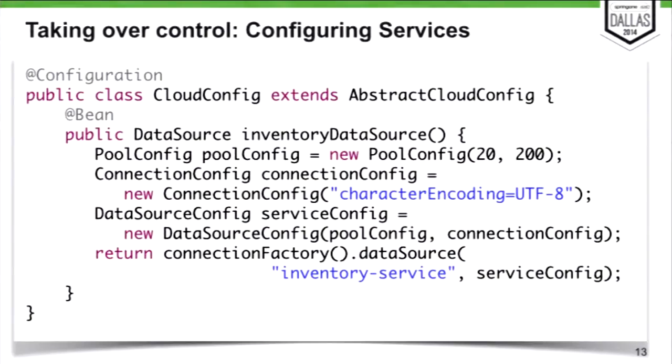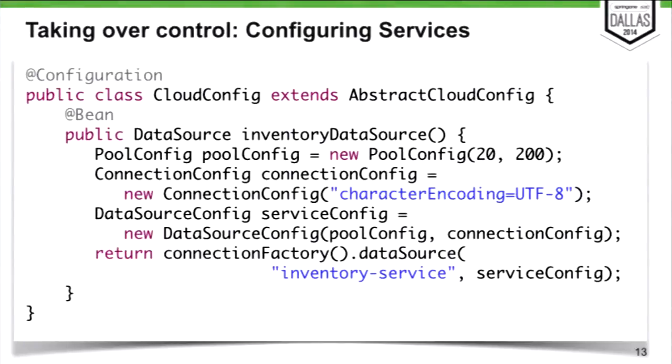All right, this is what we are really leading up to. So if you are deploying to cloud environment, you want to take advantage that there are some specific opportunities and specific constraints that you have to follow. So in this case, you are saying, I want to have control over my pool configuration. So I want maximum 20 connections with max wait time to be 200.